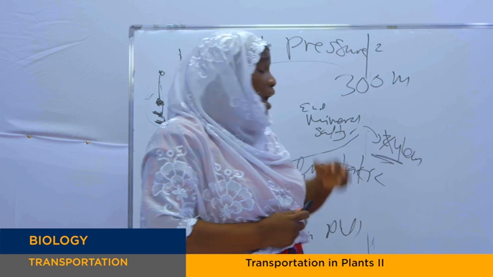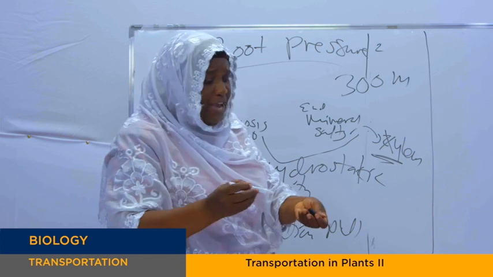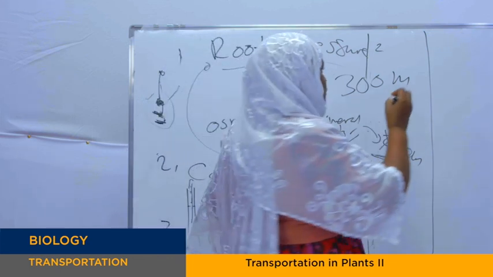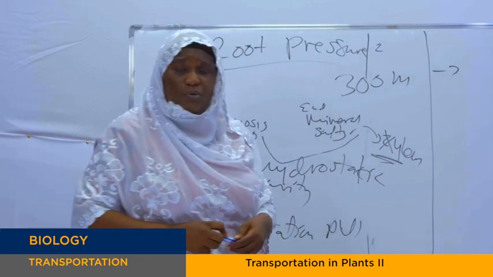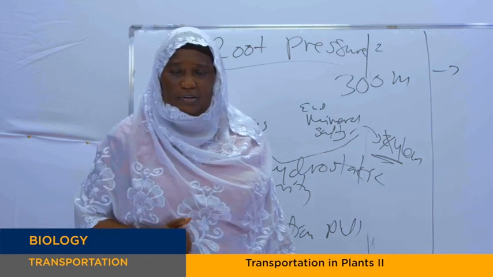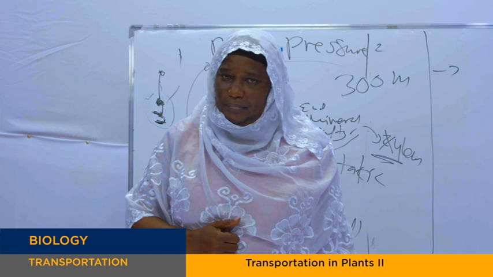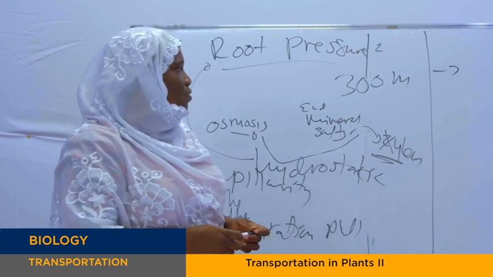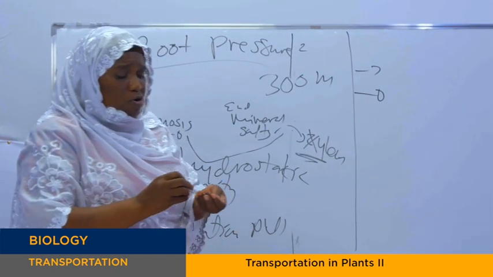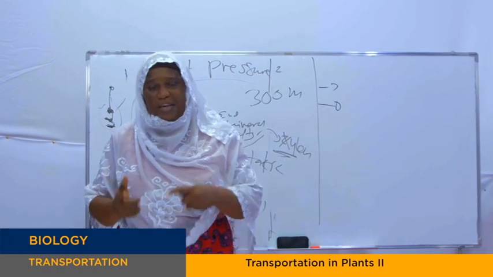I think you have achieved the objectives here. My objective number 1 here, I required you to be able to distinguish between active and passive transport. Therefore, assess yourself. Are you able to distinguish active and passive transport? Objective number 2 is you are required to be able to describe the paths of movement of water across the roots.